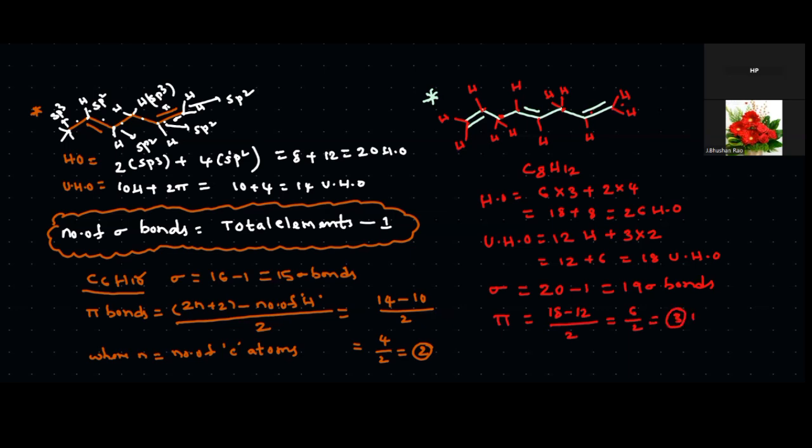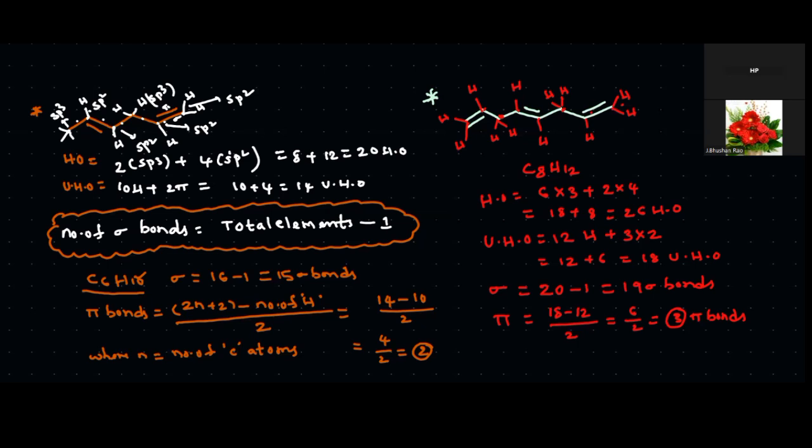Okay, so this one is the calculation of sigma and pi bonds and hybrid and unhybrid orbitals. This concept is also very important. Sometimes they will ask ratios of the hybrid and unhybrid orbitals, sigma and pi bonds also. Now, in this case, just cross verify the number of sigma bonds here, whether this formula is applicable or not.